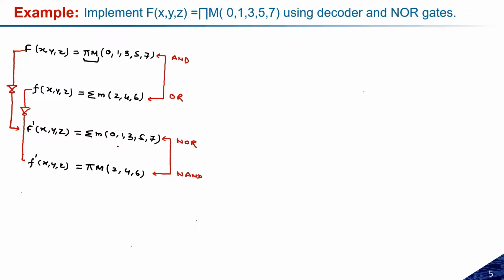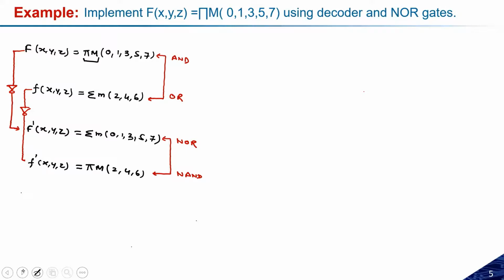The same function can be written in two ways, and the complementary can be written in this way. The simple thing is, if NOR or NAND is given, then you need to find the complement of that function. If OR is given, then you need to find the SOP, and for AND you need to find the POS. That's it. And you can make the bubbles of all those things accordingly.